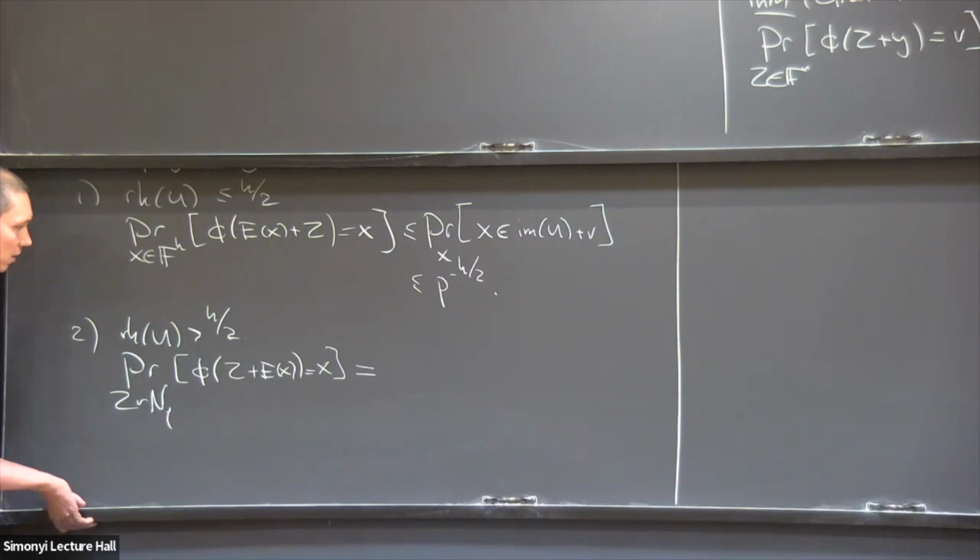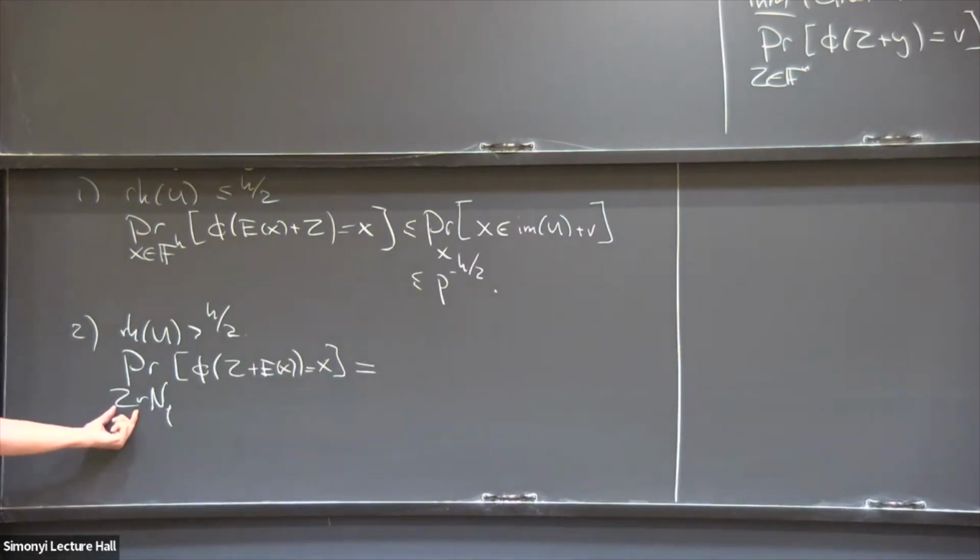You can write this kind of nicely by looking at the distribution of z. So z is a random vector where the coordinates are independent from each other, and each coordinate is either 0 with probability rho or uniformly distributed with probability 1 minus rho.